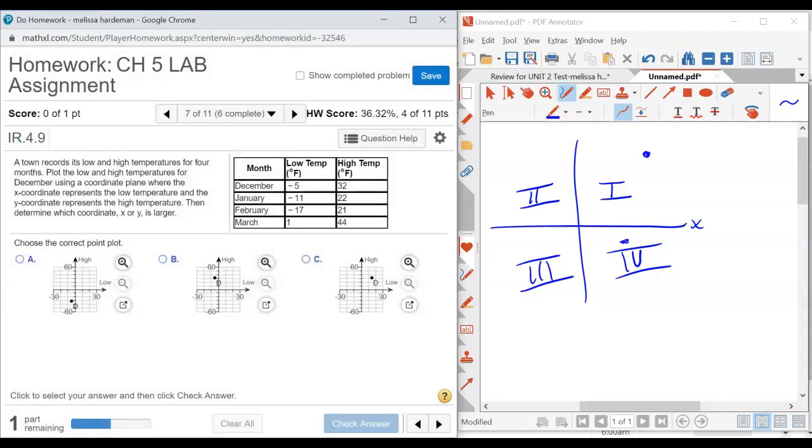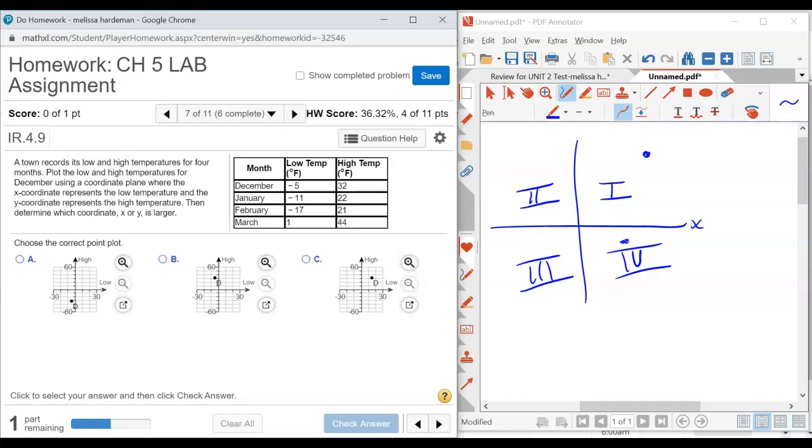Okay, what else is going on in here? Oh, they've given us some low and high temperatures for some particular months. And we want to look at the low versus high temperature for December. The low temperature is -5 and the high temperature is 32.